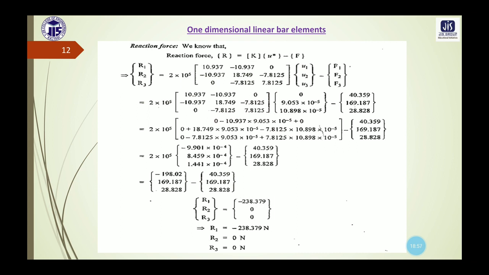So we need to put the value of the stiffness matrix, then the value of the nodal displacements and the body force vectors. Now we need to do the matrix multiplication, and after several steps we will get the value of the support reactions. R1, R2 and R3 you can find from this equation of the reaction force.